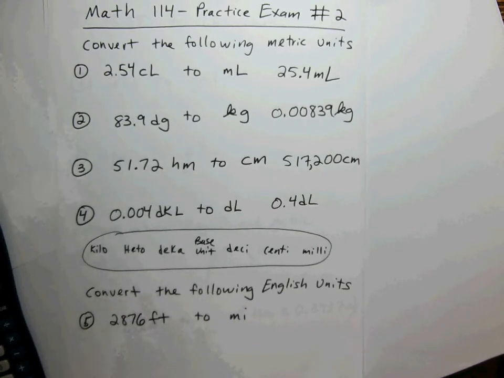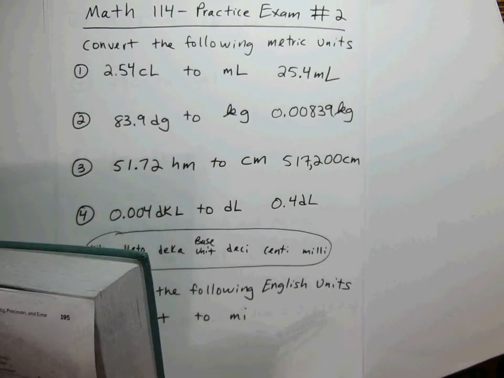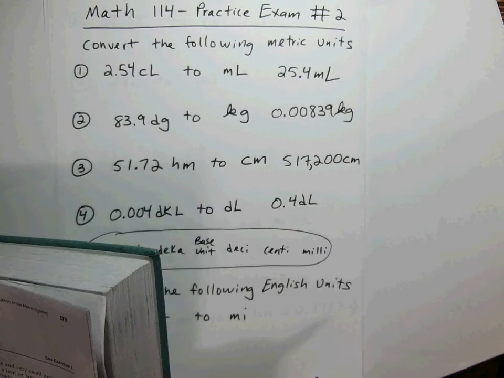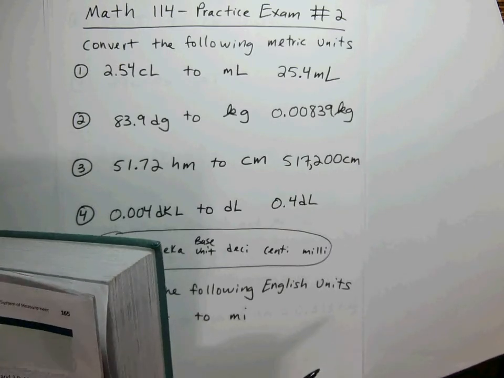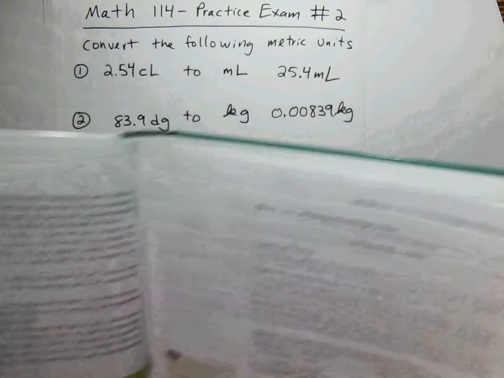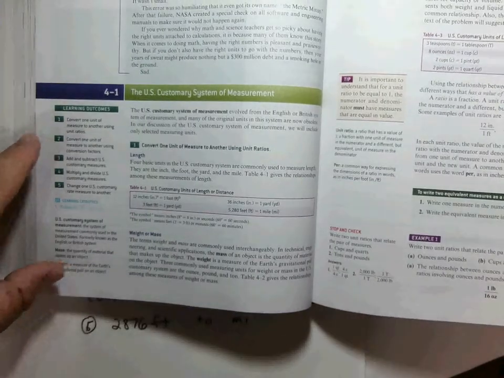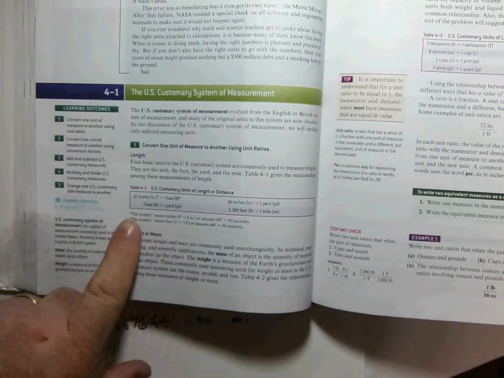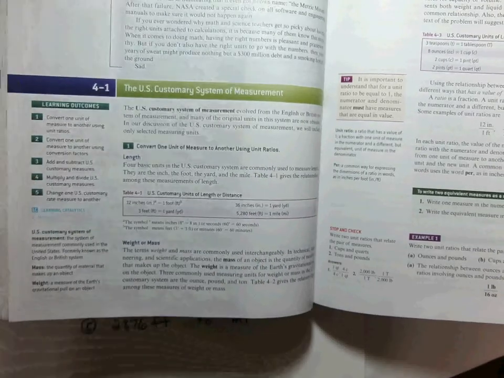Okay? English units. You need to know a bunch of those also. Okay, and let me quickly refer back to the book here. If you look at section 4.1, okay, you're expected to know a lot of these conversions, okay? On page 158, these inches to feet to yards to miles, all those basic length conversions you need to know.